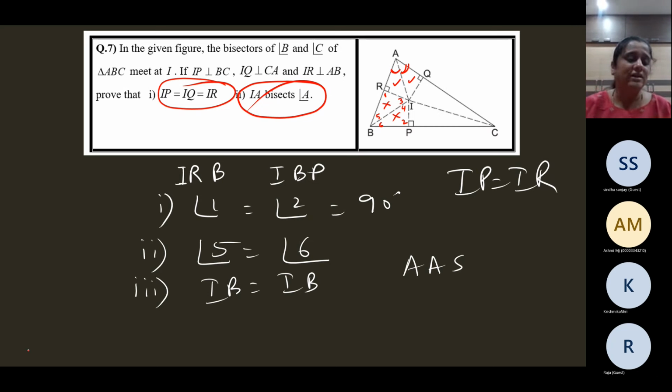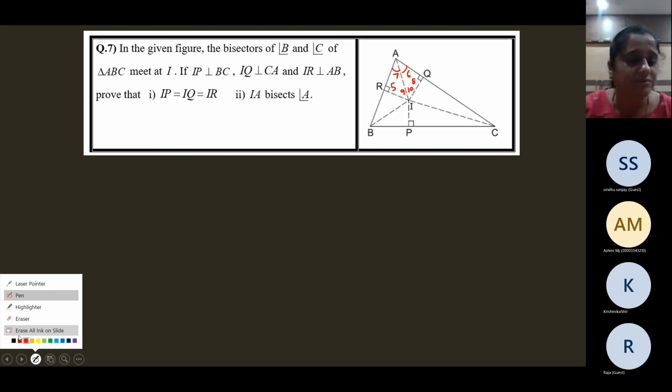Anybody can tell me? Ma'am, shall I? Yes. Ma'am, angle 9 is equal to angle 10, ma'am, which is 90 degrees. No, one minute. I've not still marked the angles. Yes, Krishmika, please.